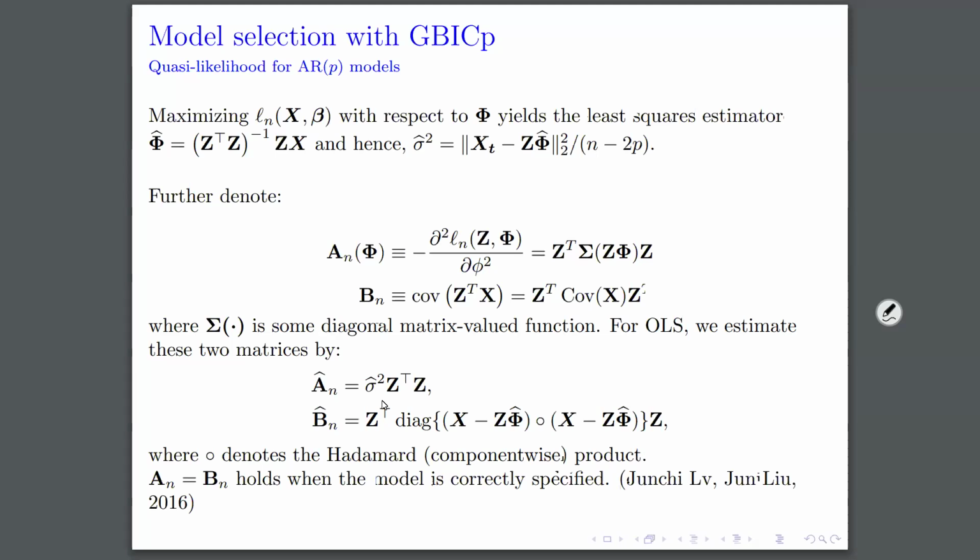And so what's happening here is that this A_N is the covariance matrix of Z transpose X under the misspecified model, and this B_N is the true covariance matrix of the Z transpose X. So following some regular derivations of the MLE theory, you'll find that A_N is equal to B_N if and only if the model is correctly specified.